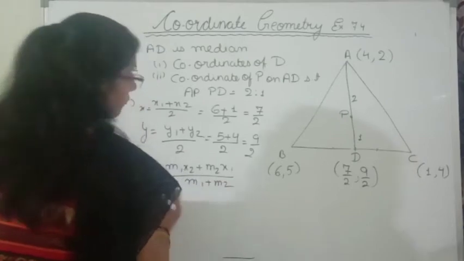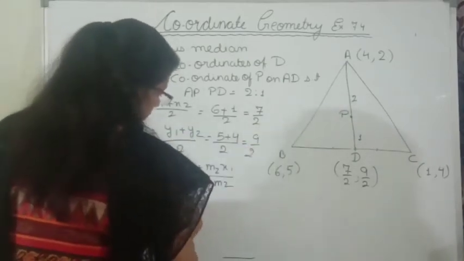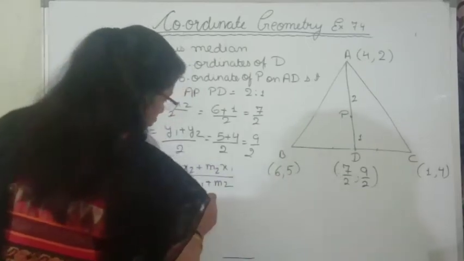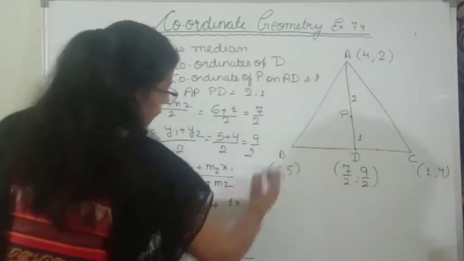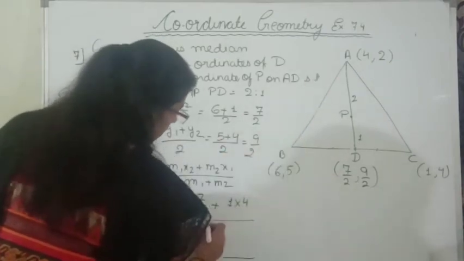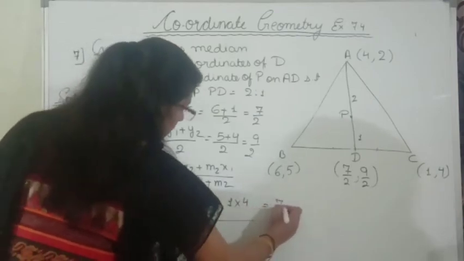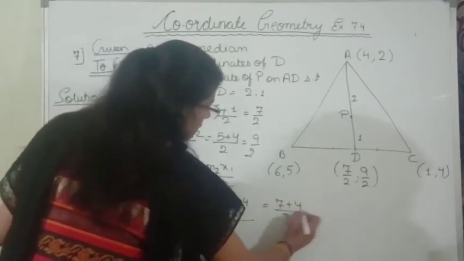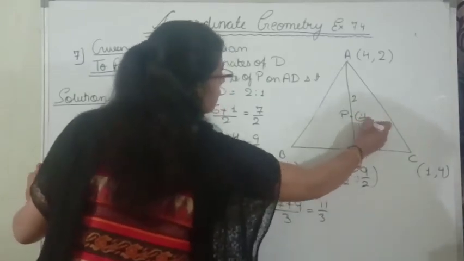M1 is 2, so 2 into 7 upon 2 plus M2 which is 1 into 4, divided by M1 plus M2, 2 plus 1, 3. So the 2s cancel. 7 plus 4 divided by 3, 11 upon 3. So the x coordinate we got is 11 upon 3.